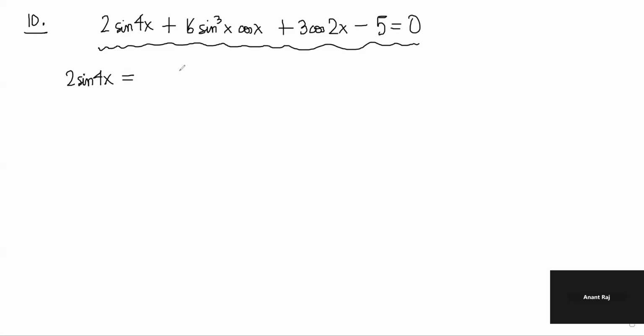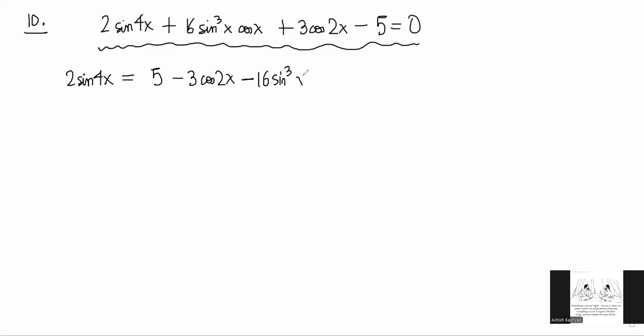I don't actually remember what I got, but I thought I was making a mistake somewhere. Okay. If we write it like this, 2 sin 4x is 5 minus 3 cos 2x minus 16 sin³x cos x. Let's see what is coming from here.